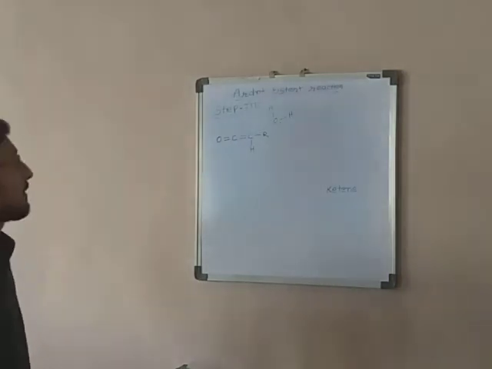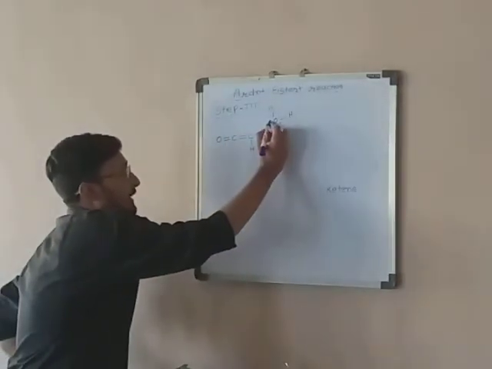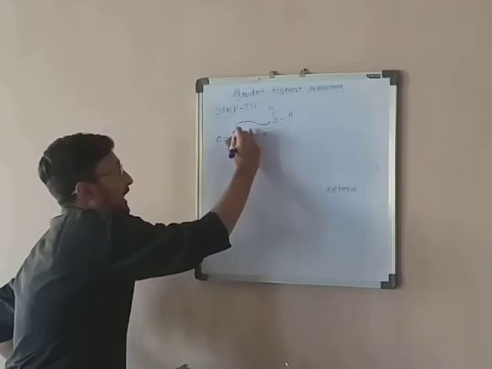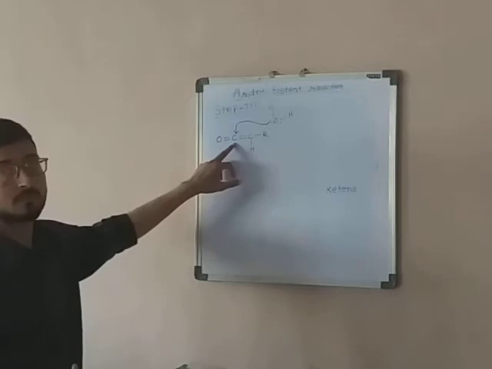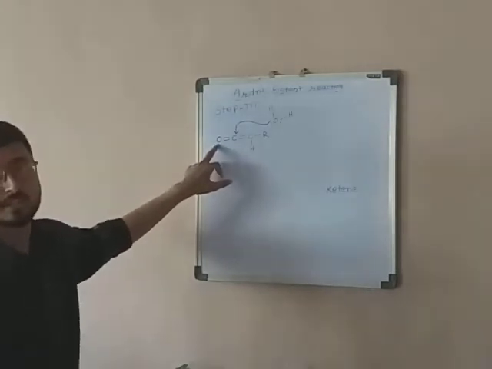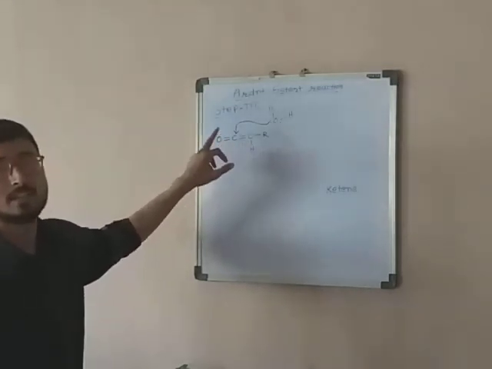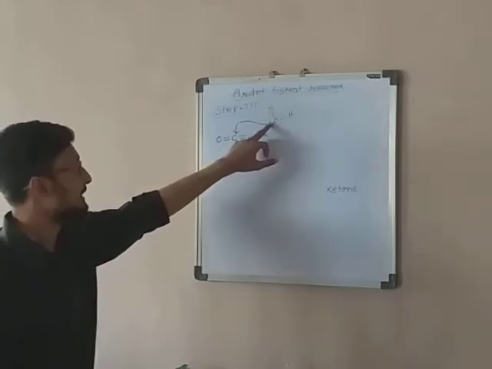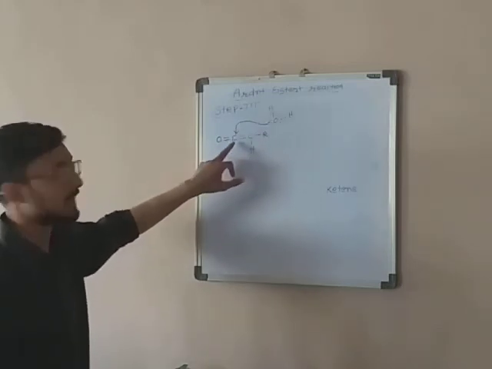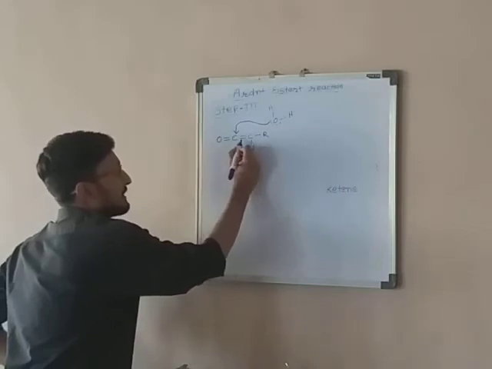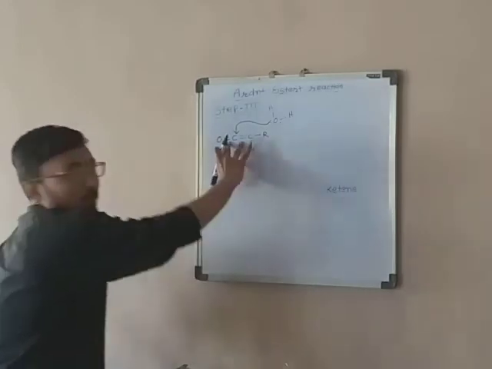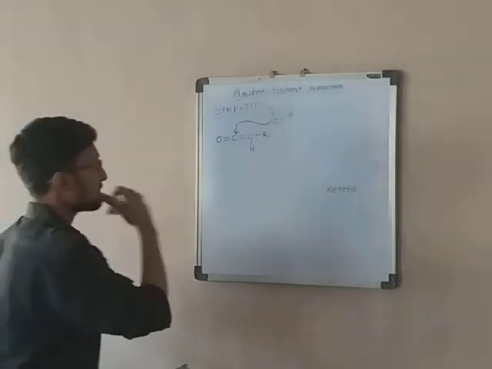So what will it do? It will attack an electropositive carbon atom. We know that a carbon atom that is doubly bonded to an oxygen atom is partially electropositive. So this oxygen will attack this carbon, and one of the double bonds can be broken, right?